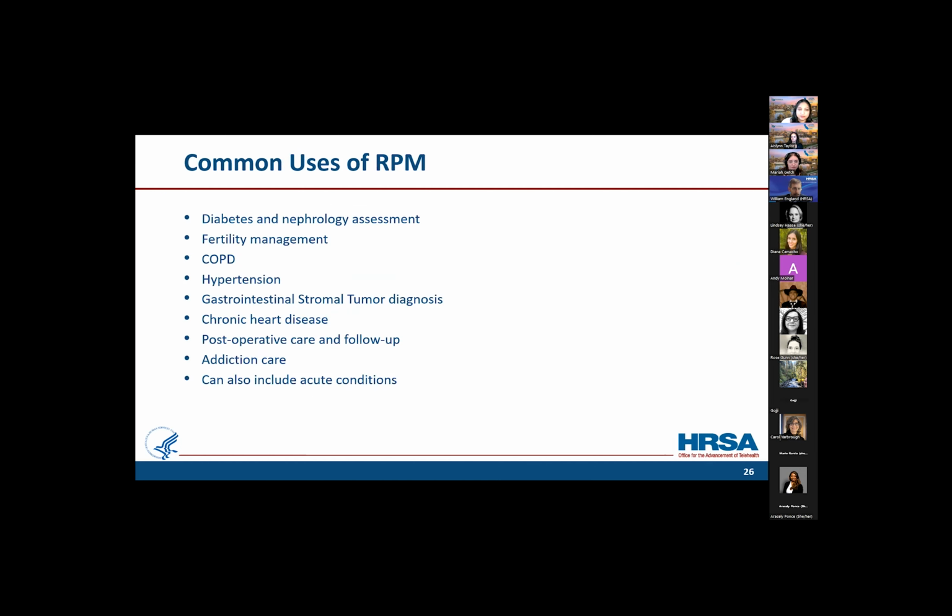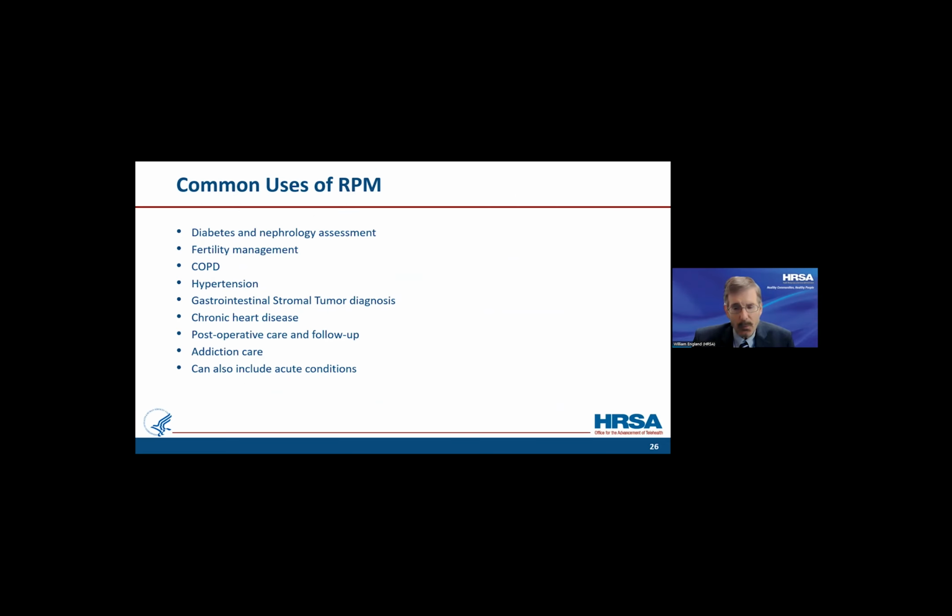Next slide. Some of the uses of RPM, again, I mentioned historically post-operative care and follow-up, where the main use of RPM was funded largely by hospitals, in their best interest of keeping people from being readmitted within 30 days, which would hurt their reimbursement when they didn't really need to be.